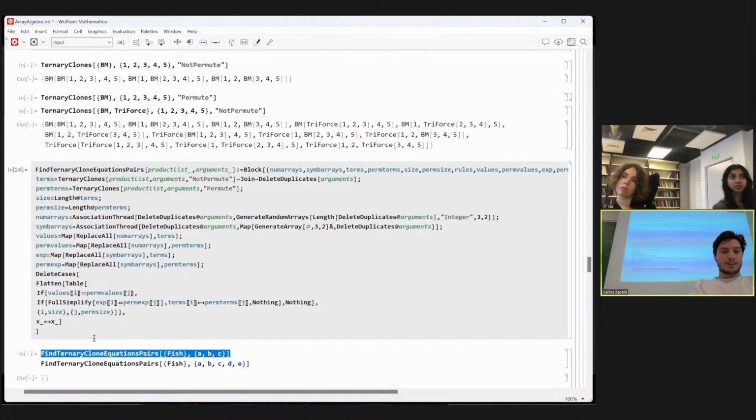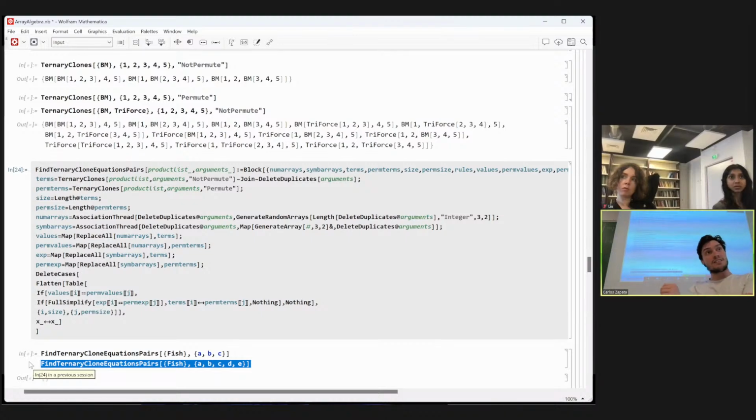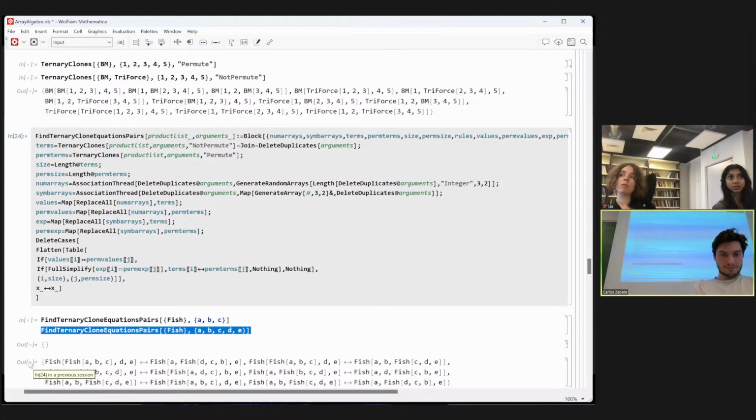Exactly. So, reality check. When we try to find equations that only involve A, B, and C, we find none. However, when we try to find equations that involve 5 elements, A, B, C, D, E, we should be able to find the axioms that you found in the 2009 paper. And sure enough, we do.